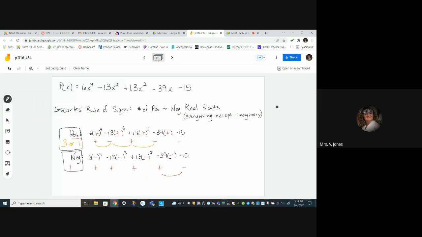All right, now, this really doesn't help a whole lot on this problem because we know there's going to be at least 1 positive and at least 1 negative root. We may have a couple more positives. So we definitely know there's going to be 1 negative, but we know there's going to be some positives too. So it really doesn't help us narrow down which numbers we need to use.